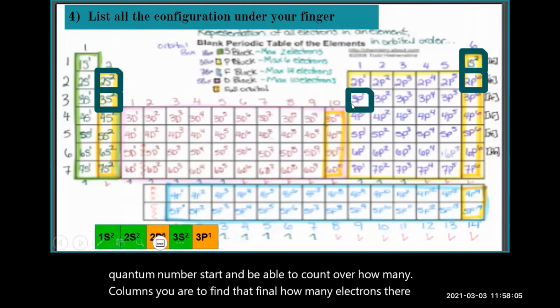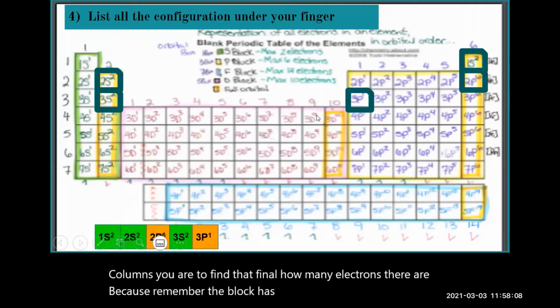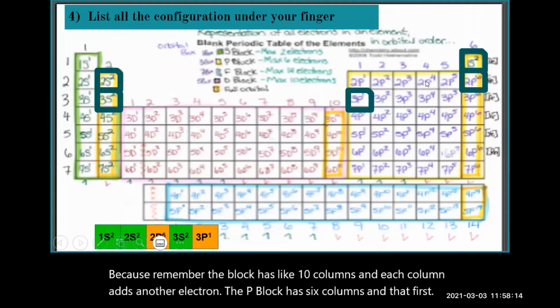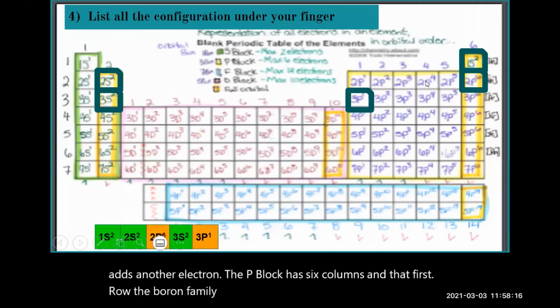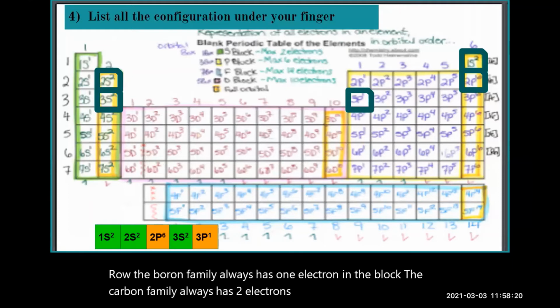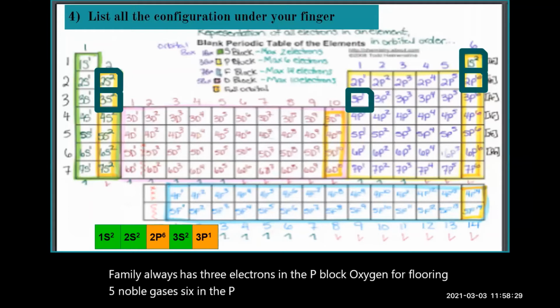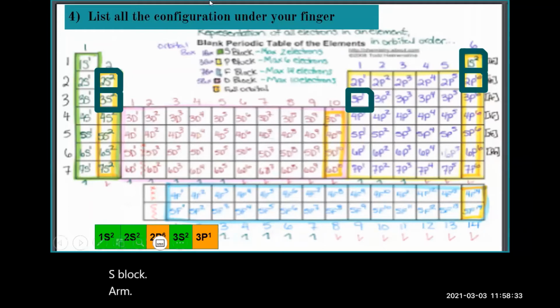Remember, the D block has 10 columns and each column adds another electron. The P block has 6 columns, and the first column, the boron family, always has 1 electron in the P block. The carbon family always has 2 electrons in the P block. The nitrogen family always has 3 electrons in the P block, oxygen 4, fluorine 5, noble gases 6 in the P block, except for helium, which is 2 in the S block, and so on and so forth.